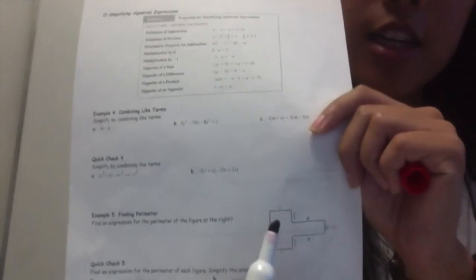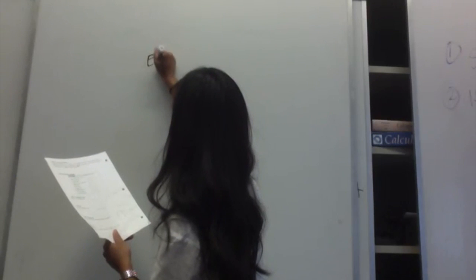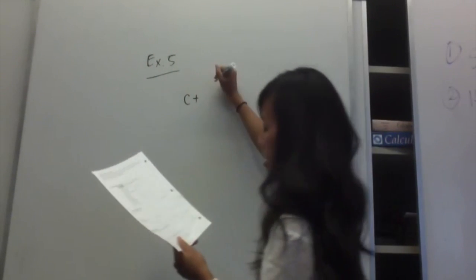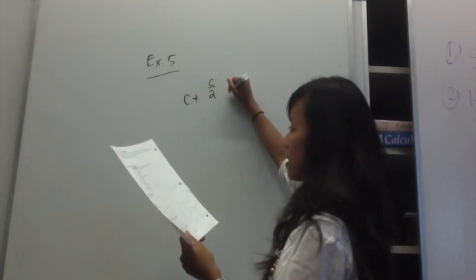So let's do that. Let's start at the top. I'll show you. We're going to start at C, and then we're going to go this way. So let's add them all up together. So this is example 5. We're going to have C plus C over 2, don't forget that little side.